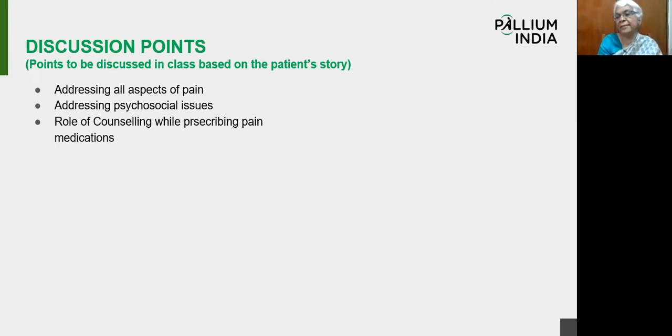We have to treat the patient, not the disease. That is one very important thing, particularly in cancer, in any patient. We have to focus on the person rather than the disease. So even if we cannot cure the patient, we can care for the patient. That is one of the main principles of palliative care. You may not be able to cure a patient, but you can definitely care for a patient.